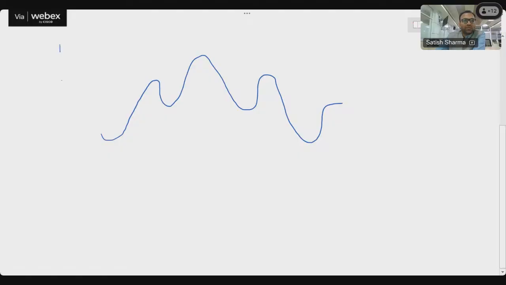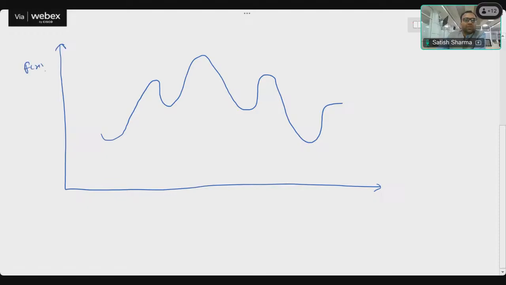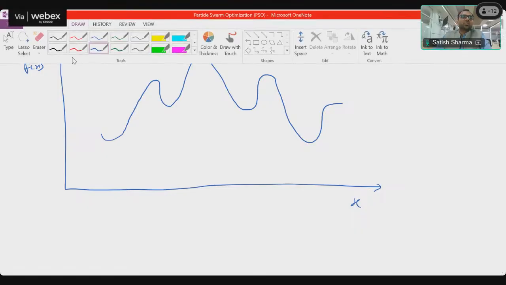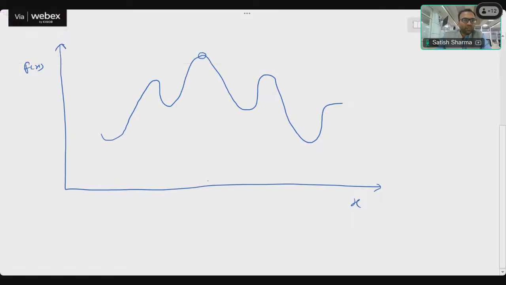Let's say this was some function which we discussed earlier as well. This is the function value f(x), and this is the variable value x, and it's a single variable problem. We can see that this is our global optimum which we want to achieve, and let's say we wanted to solve it as a maximization problem.